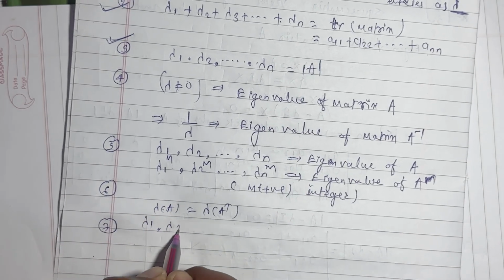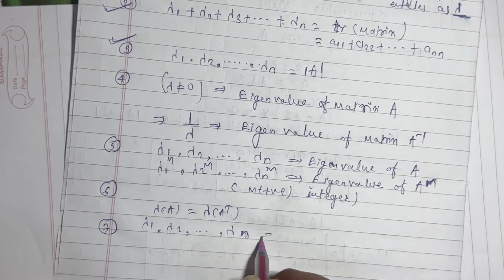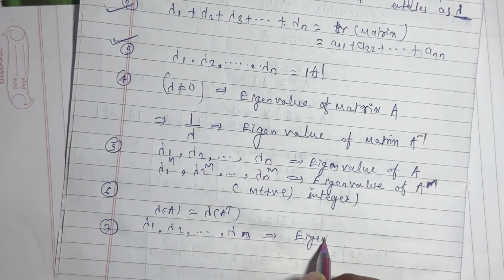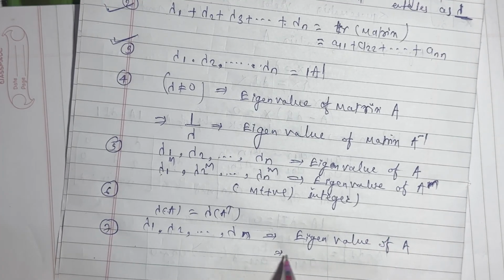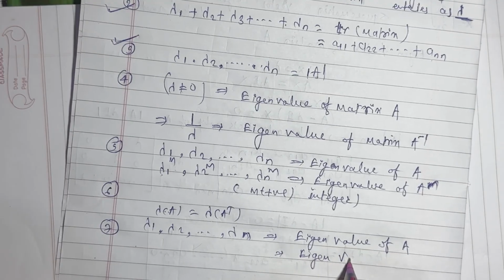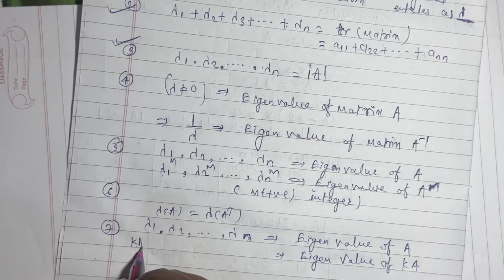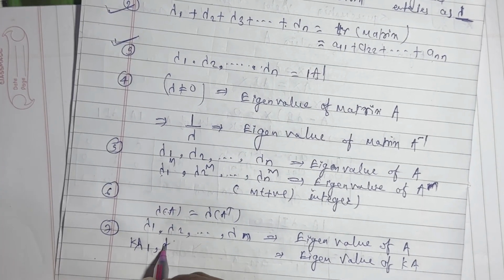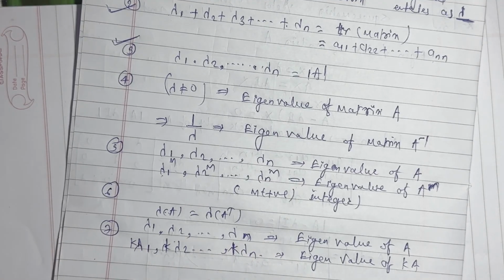The eigenvalues of K times A are K lambda 1, K lambda 2, up to K lambda n. That means if A has eigenvalues lambda 1 to lambda n, then KA has eigenvalues K lambda 1, K lambda 2, and K lambda n.